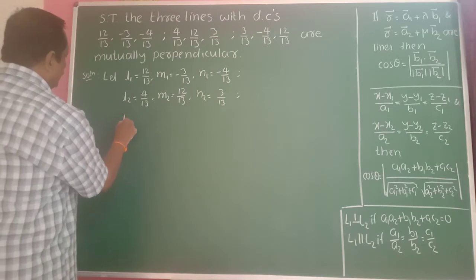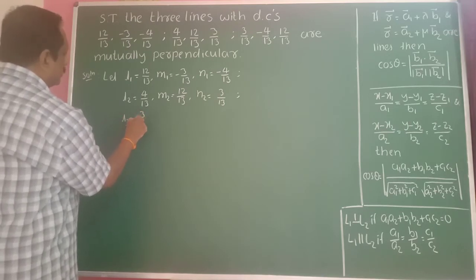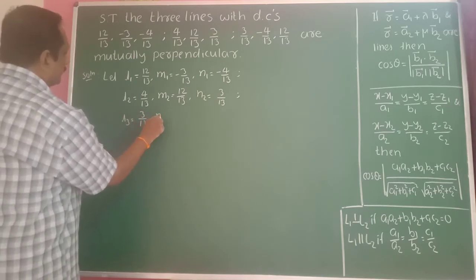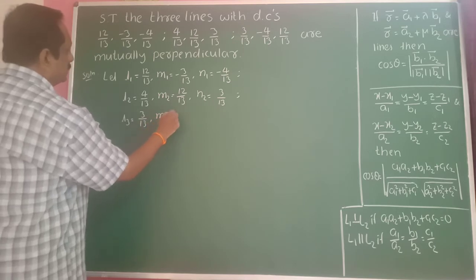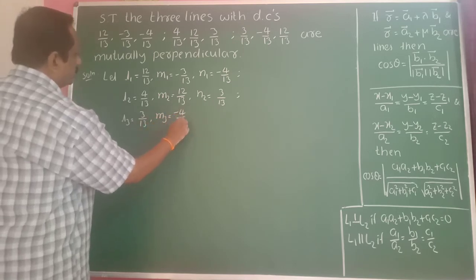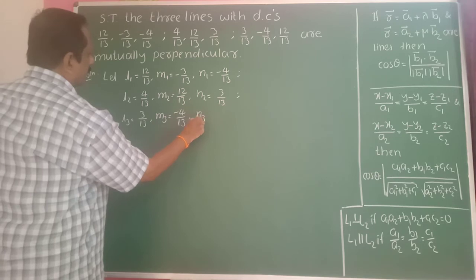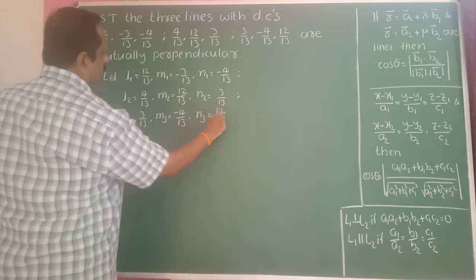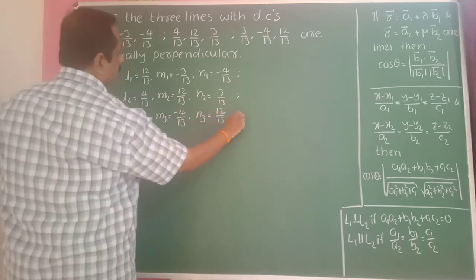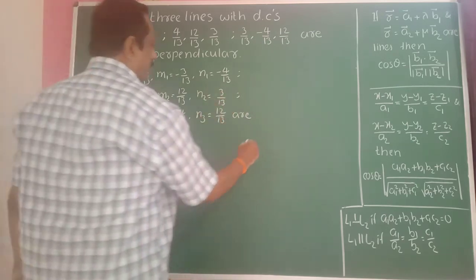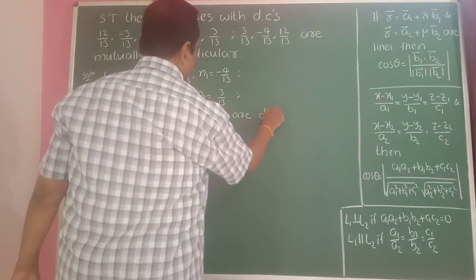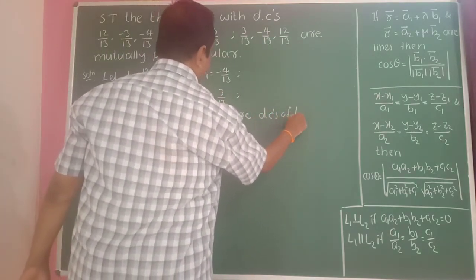Then l3 is equal to 3 divided by 13, m3 is equal to minus 4 divided by 13, n3 is equal to 12 divided by 13. These are the direction cosines of the three lines.